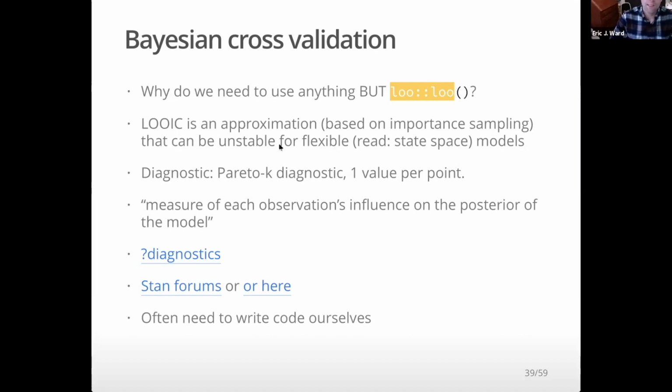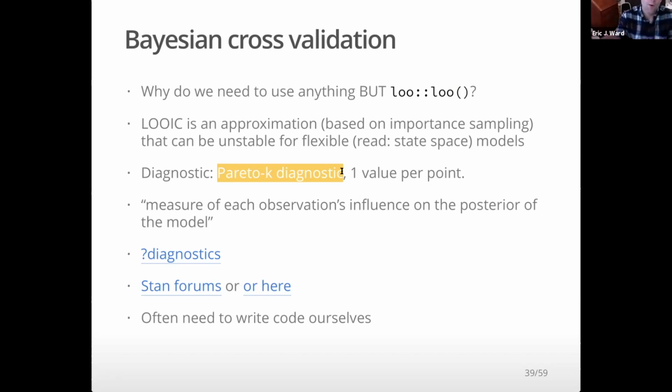There's a diagnostic called the Pareto k diagnostic or statistic. Essentially, it's a weight that the procedure gives to every observation in your data set. The weight is generally between 0 and 1, and it flags data points that are poorly approximated by your model.